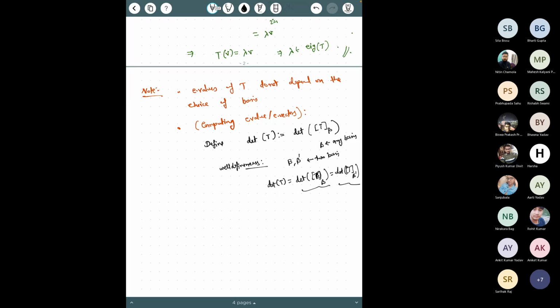This is true because the matrix of T with respect to B and the matrix of T with respect to B dash are similar. That means there exists an invertible matrix P such that this holds.